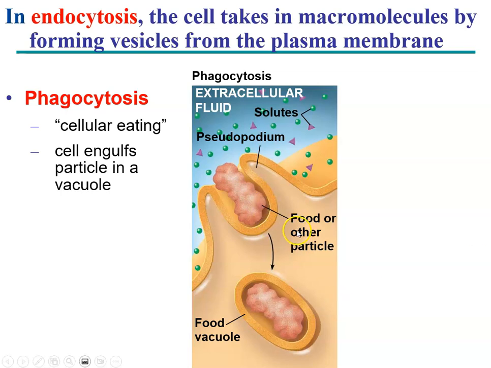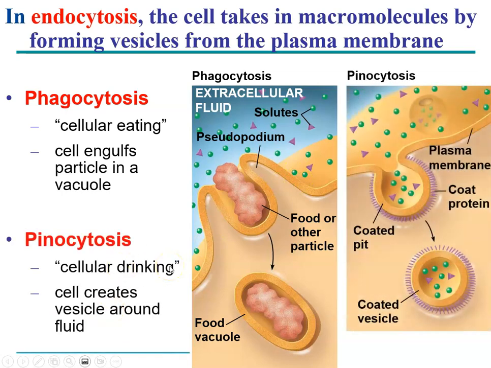So like shown here, the cell is engulfing a large molecule of food, but there's other smaller materials in the solution around the cell that could also be utilized as a source of nutrition for the cell. So that would be pinocytosis, or cellular drinking, taking in some of the solutes that are in the fluid and forming similarly a membrane-bound organelle, but they're usually smaller.